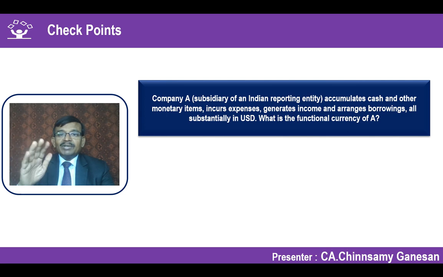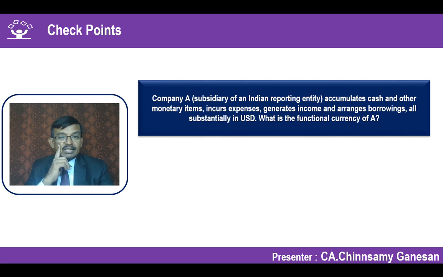Again, the subsidiary is in US, parent is in India. What is the functional currency of the US subsidiary, which is the company A? Here, the fact pattern says the subsidiary accumulates cash and other monetary items, incurs expenses, generates incomes, arranges its own borrowings, all substantially in US dollar.